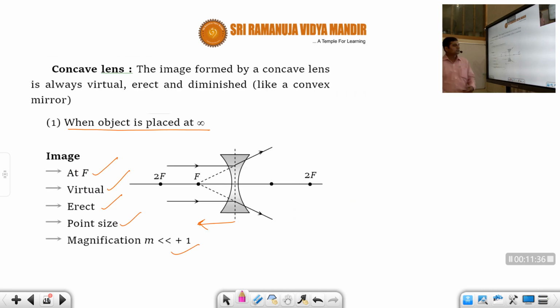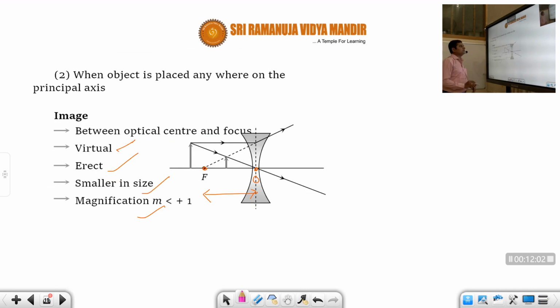And then of course afterwards we have concave lens, and the properties of image formed for concave lens for different positions of object. So here, just like for convex mirror, here also we have only two cases. Number one, when the object is at infinity, and number two, when the object is placed anywhere between infinity and the optic center.